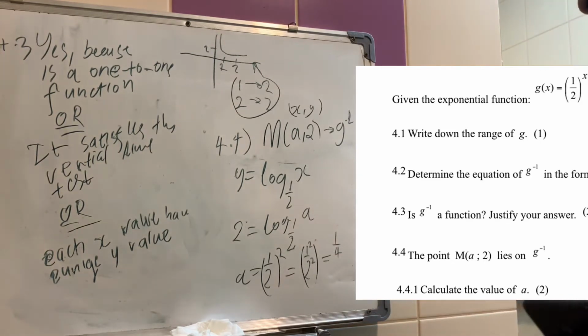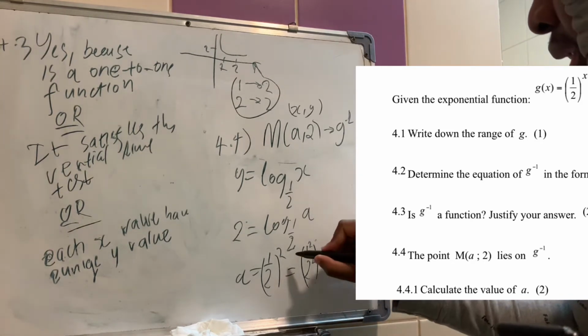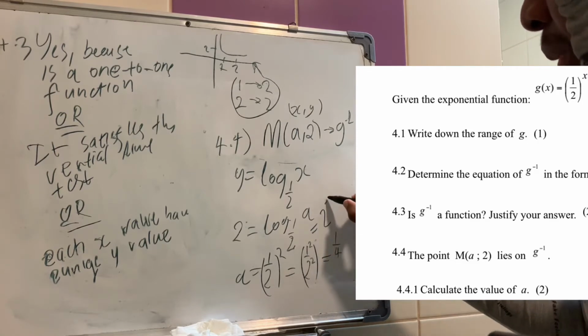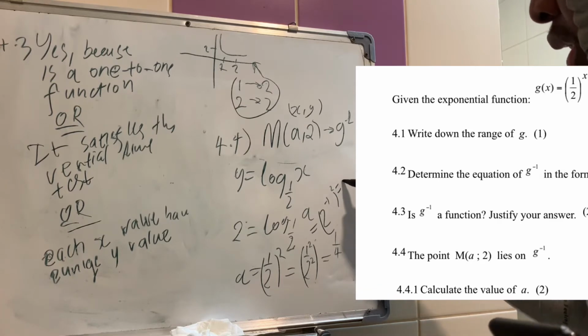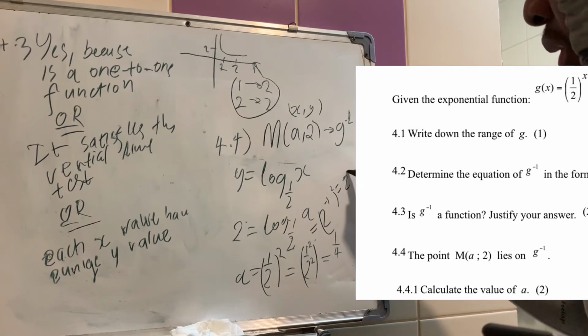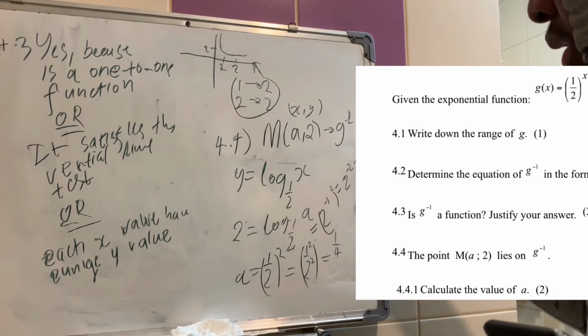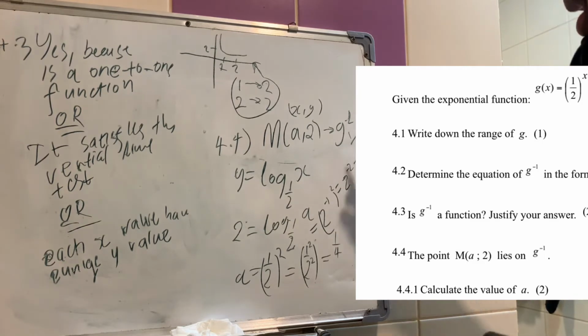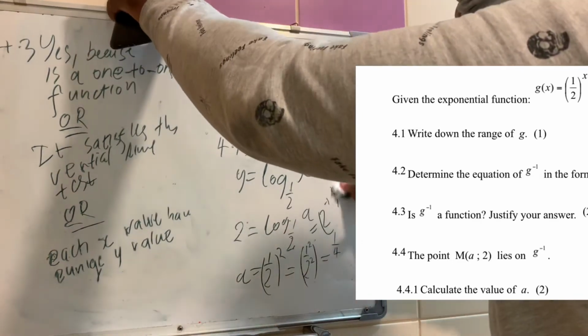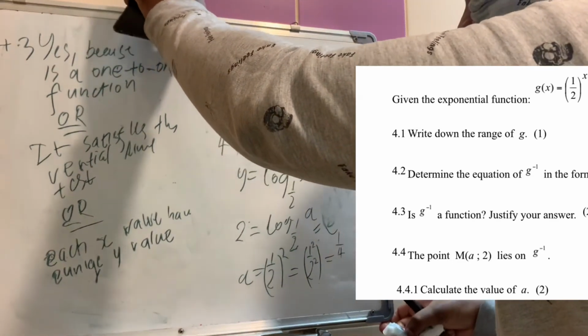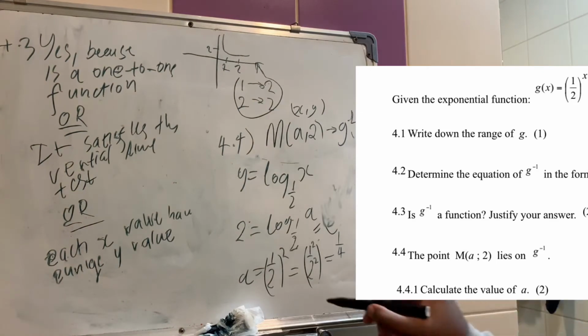Or A is equal to 2 to the power minus 1, squared, which is 2 to the power minus 2, which is 1/4. That isn't necessary, but it is another way to do it. So this is your A. This is what they wanted.